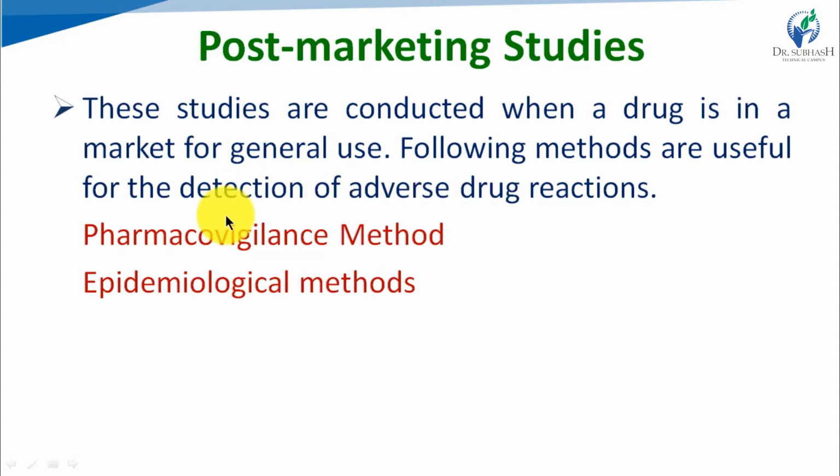The following methods are useful for the detection of adverse drug reaction. Mainly 2 methods are there: Pharmacovigilance Method and Epidemiological Method. तो यहाँ पे ये 2 टेक्निक का यूज होगा और इसके ऊपर से we can go for post marketing studies, and on the basis of that we can detect adverse drug reaction.